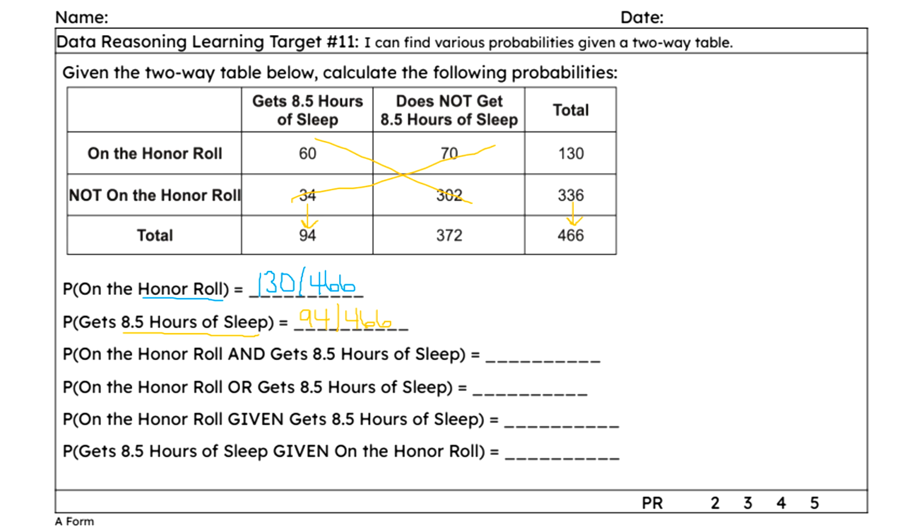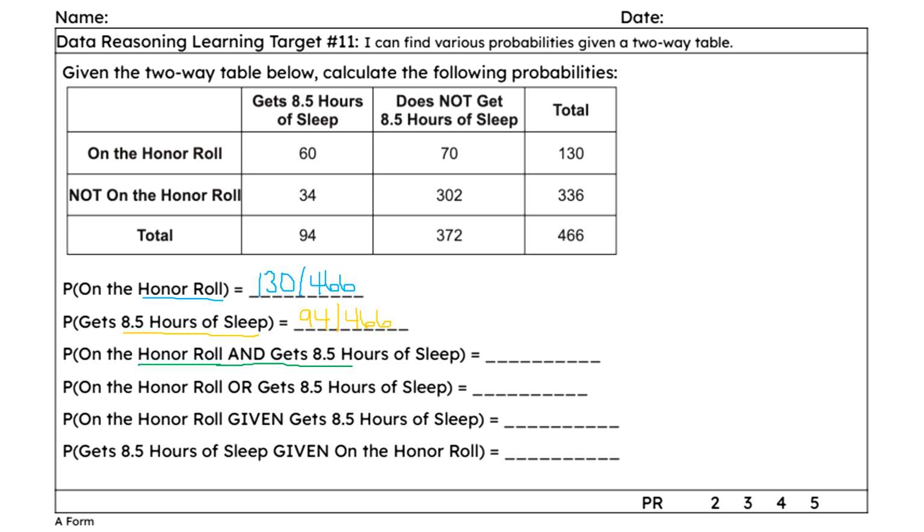All right, so the next question we have is looking at a combination of the two. We want to know what's the probability if we randomly select one of these 466 humans that they are going to be on the honor roll and gets 8.5 hours of sleep. So we're looking for both of those things at the same time. So honor roll and 8.5 hours of sleep.